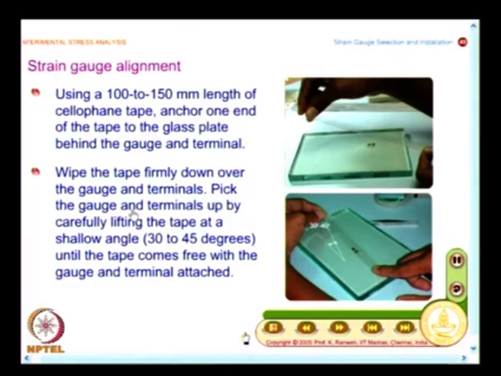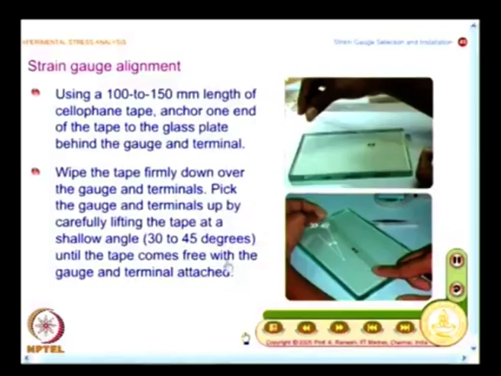So, pick up the gauge and terminals by carefully lifting the tape at a shallow angle until the tape comes free with the gauge and terminal attached. Now you handle only the long cellophane tape with the strain gauge attached, so that you can align it appropriately, and you also do that practice on the actual specimen.